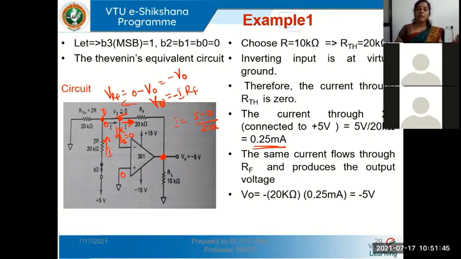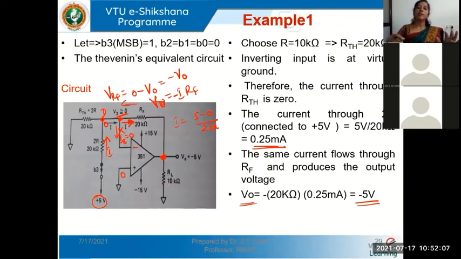Okay. Likewise, for the next condition, your B2 will be connected to Vref. And one more thing, what you notice, you get a negative output value here. You are getting output as minus 5 because I have used positive V reference and I have connected all the signals to the inverting input of the op-amp.